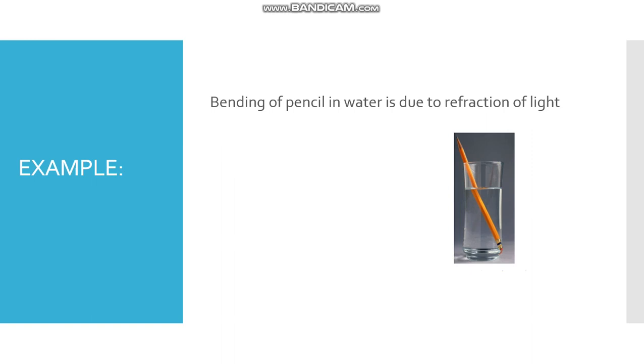So this disturbed position of the pencil when you dip it in water is because of the refraction of light, because light rays bend. So simply, refraction of light is a process of bending of light when light enters from one medium to another.